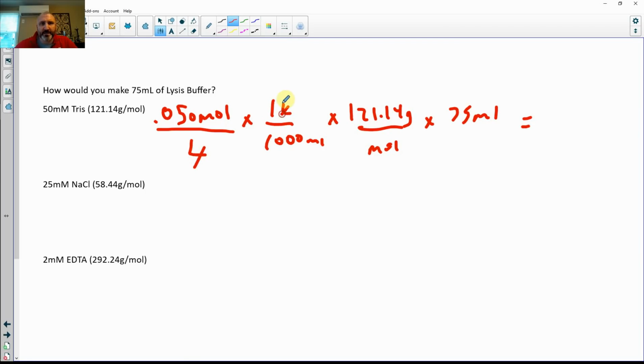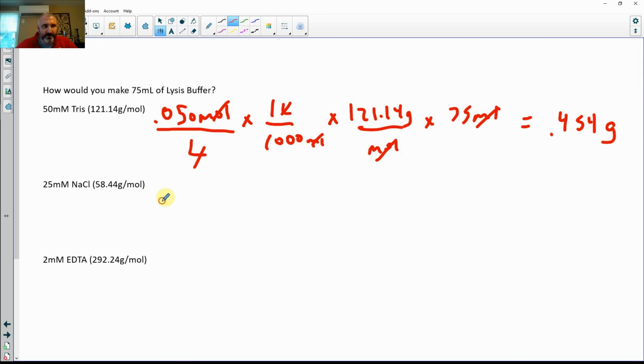Again, liters cancel, moles cancel, mLs cancel, and we're left with grams. And now we just do the math. 0.05 times 121.14 times 75 divided by 1,000. 0.454275 grams.